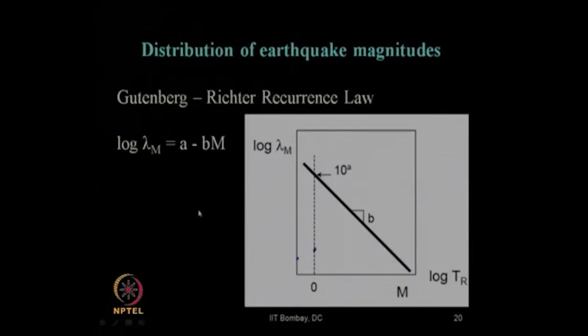We will see that example later on. So, this a parameter and b parameter need to be obtained based on local seismic events and historical collected data, and this is the plot of log of lambda m versus m, and 10 to the power a denotes the value corresponding to magnitude 0, that is the intercept here, and b is the slope of this line.